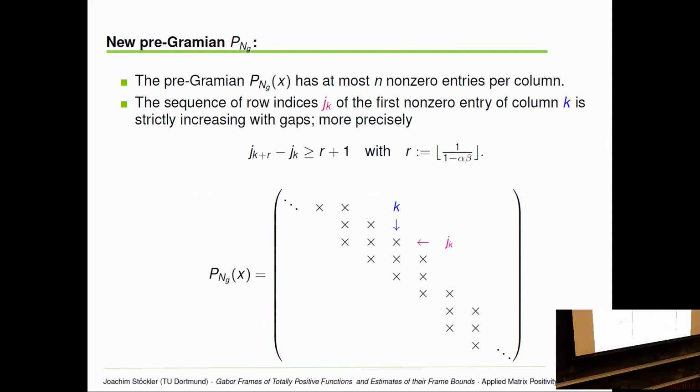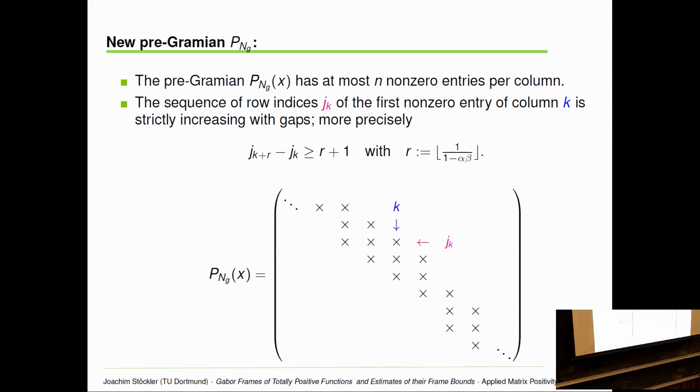So now we're in this situation. We're not looking at PG anymore, but PNG. We have alpha equals 1. And we have a support from 0 to n, because we convolved n of those with a support 0, 1. So now in each column, you have at most n non-zeros. So this is the case n equals 3.